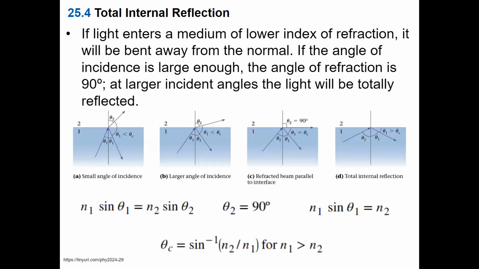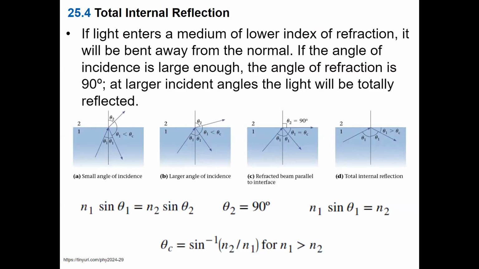Now, if you are going from a thicker media to a thinner media, which means the light goes from a media that has a greater index of refraction to a media that has a lesser index of refraction, then as you increase the incident angle, the refracted angle, according to Snell's law, is going to be bigger than the incidence angle.